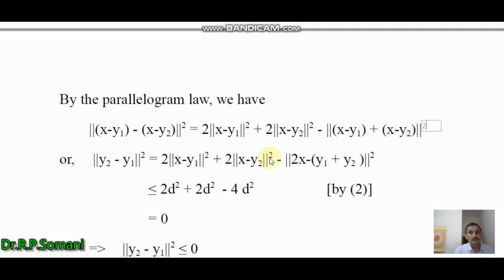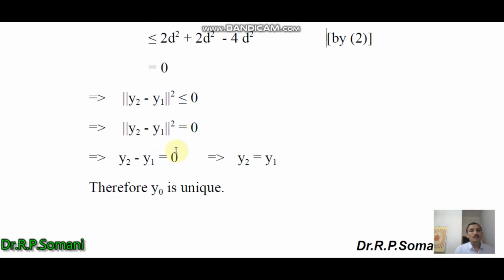So then using equation number 2, we obtain this is less than or equal to 0. Therefore, norm of y2 minus y1 square is less than or equal to 0. And then this implies that norm of y2 minus y1 square equals 0, because norm is a non-negative quantity.